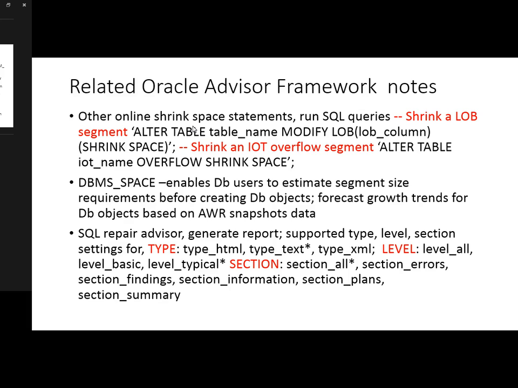If you wanted to shrink a LOB segment, you would do an alter table name, modify LOB, put the LOB column there, and put shrink space at the end. And if you want to shrink an IOT overflow segment, you do an alter table, the table name, overflow, shrink space. And then this is DBMS_SPACE, which is also part of the segment advisor component of the tutorial.